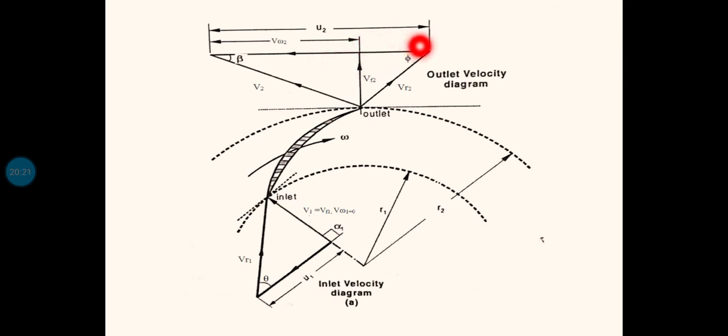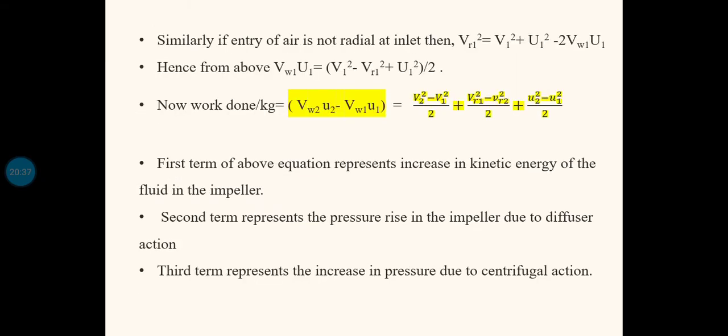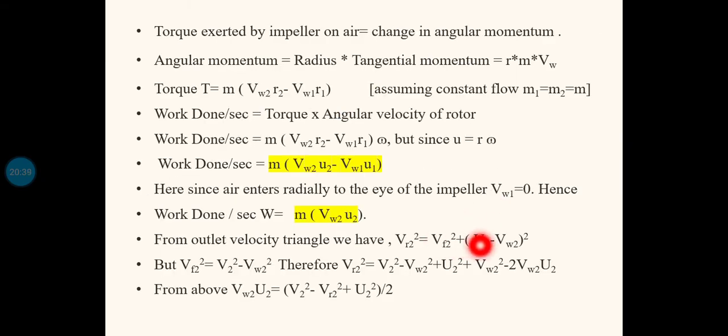The entire distance is u2, and from here to here it is Vw2, so this small distance will be u2 minus Vw2. So from this triangle you will get Vr2 square equal to Vf2 square plus (u2 minus Vw2) whole square. That is what is written here.